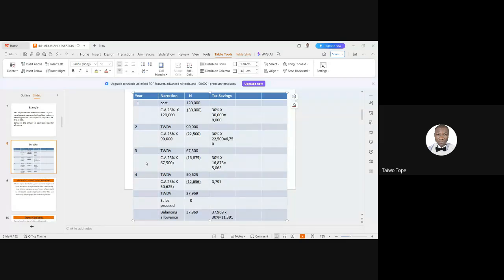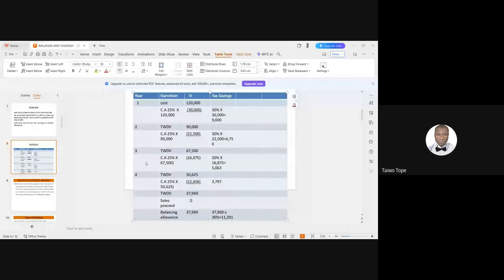If it's capital allowance for year one, it is recognized in year one. But where capital allowance is claimed in arrears, the value of year one capital allowance will be claimed in year two. The value of year two capital allowance will be claimed in year three.